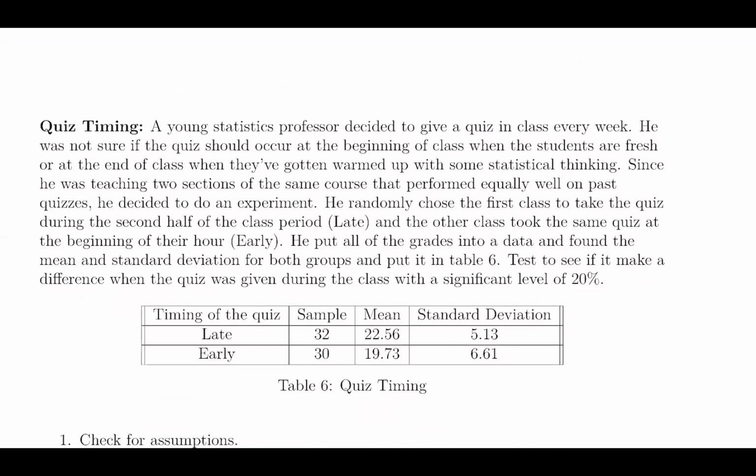So for the second one, it says quiz timing. A young statistics professor decided to give a quiz in class every week. He was not sure if the quiz should occur at the beginning of class when the students are fresh or at the end of class when the student gotten warmed up with some statistical thinking.